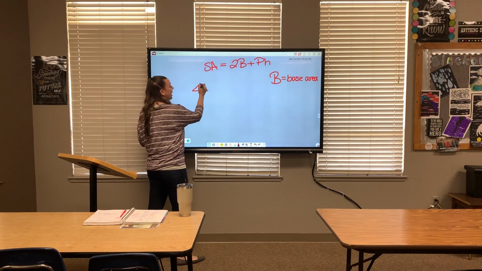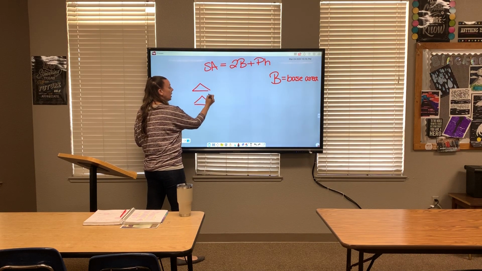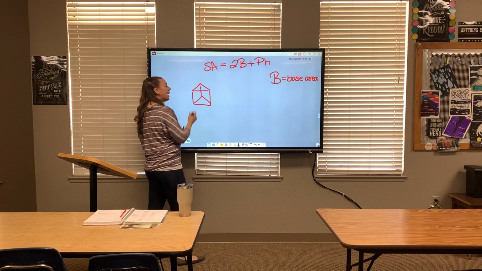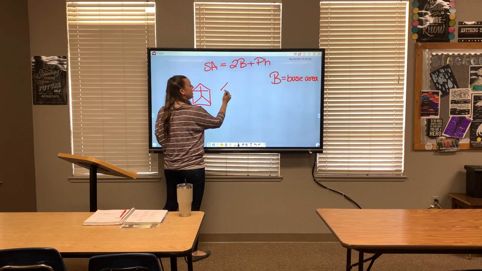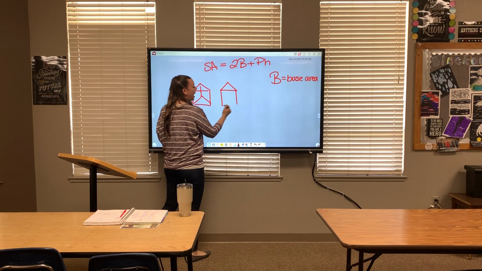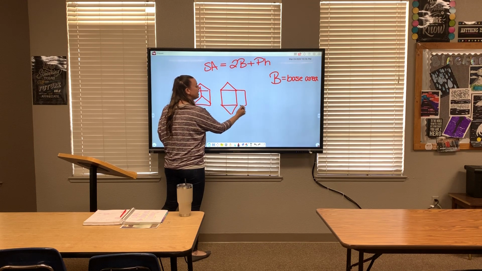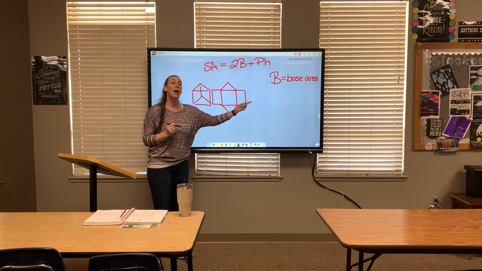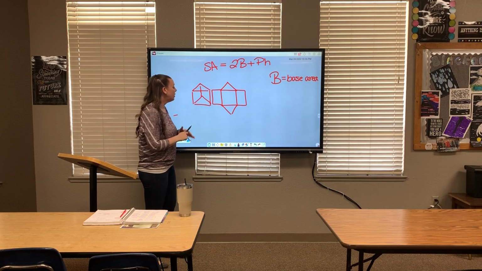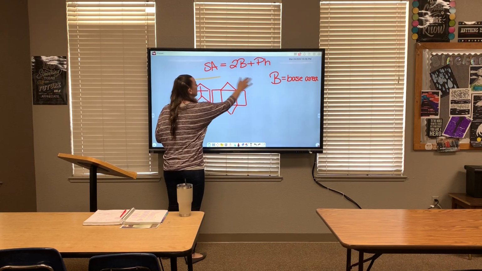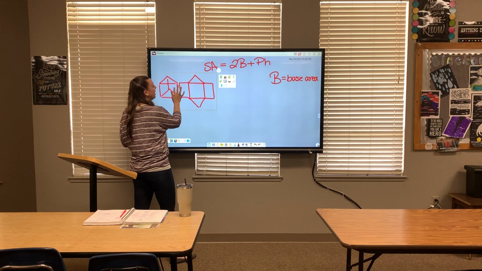Like if you had a triangular prism, your bases are triangles, but if I were to draw a net of that, I would have two triangles, and then these sides are still rectangles, okay? So this right here, I'll go ahead and select this and move it over so that we can see that.